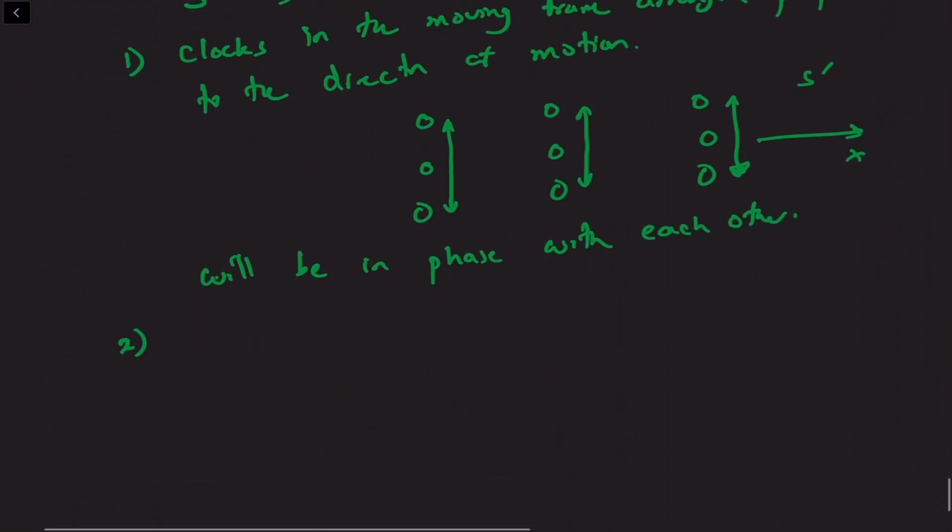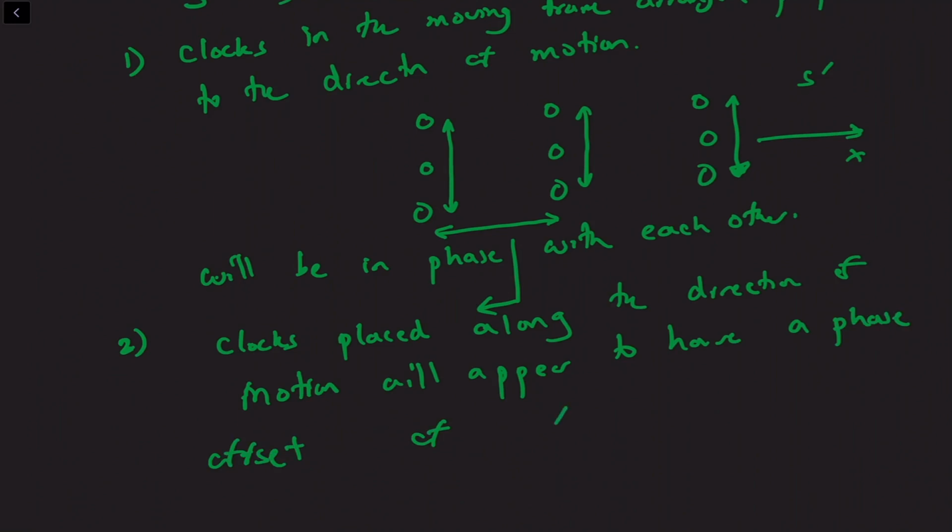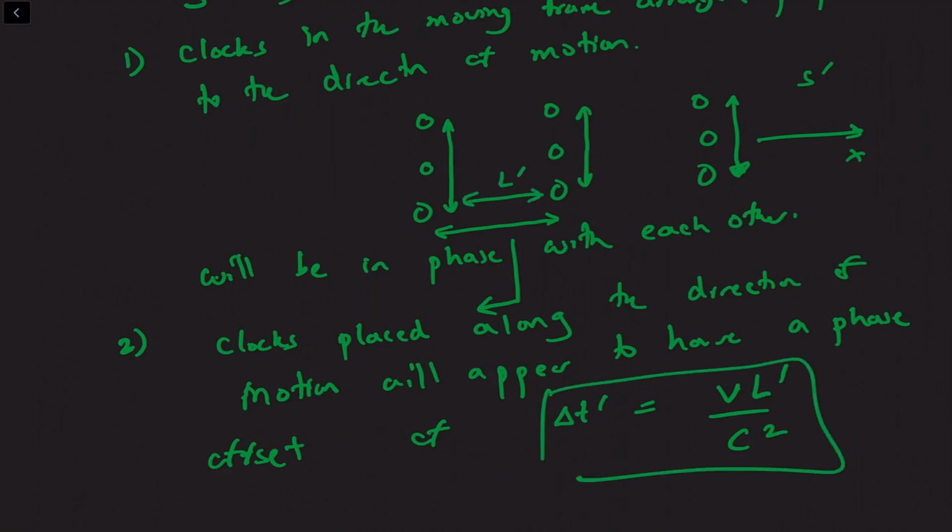However, the clocks placed along the direction of motion will appear to have a phase offset of delta t prime equals v L prime over c square, where L prime is the separation between these clocks along the direction of motion.